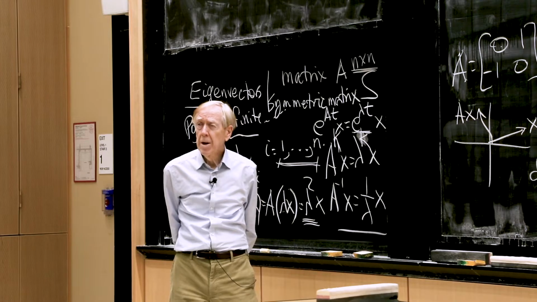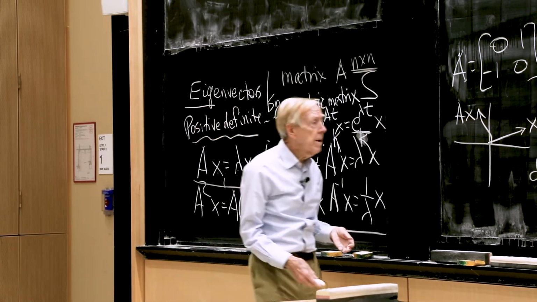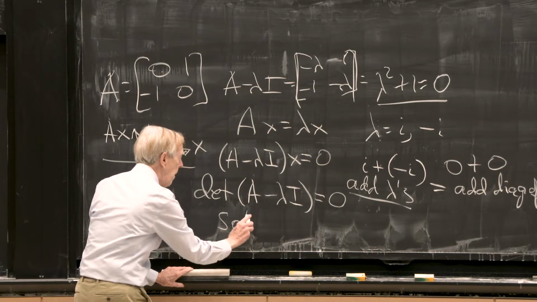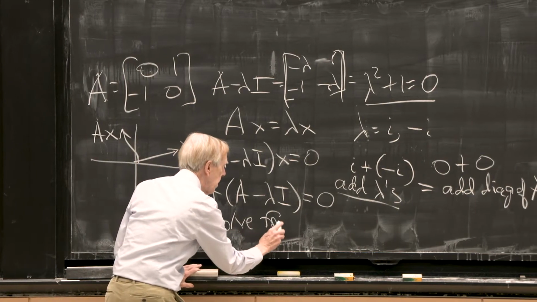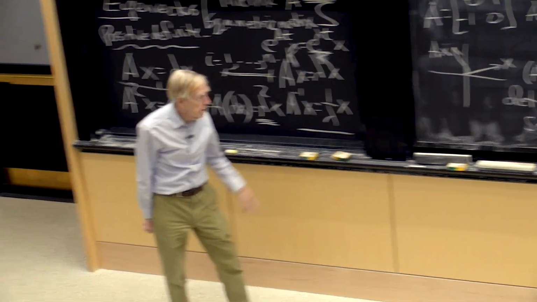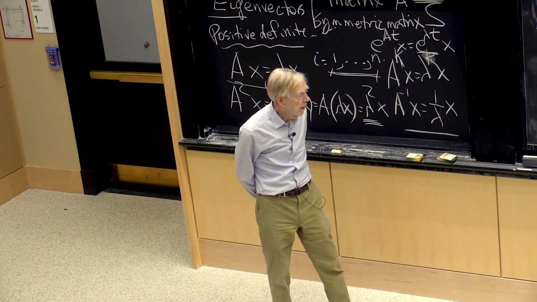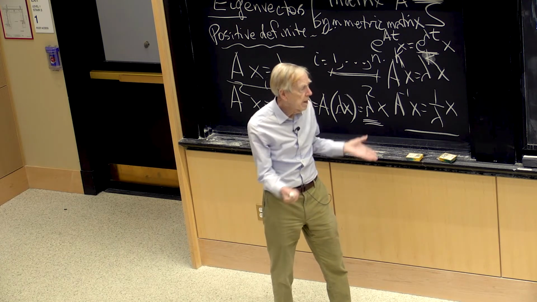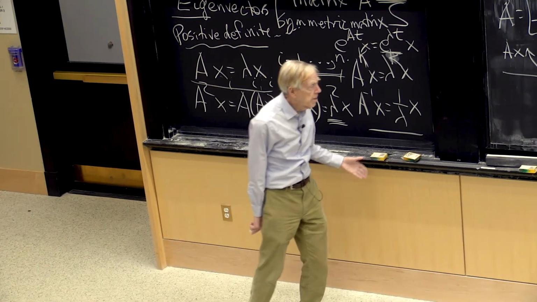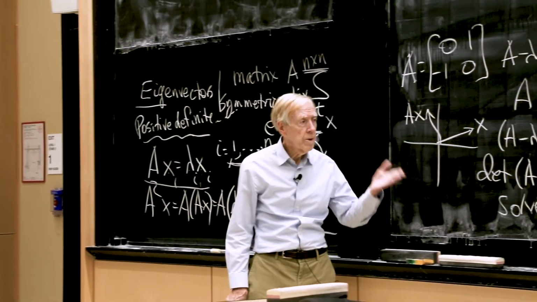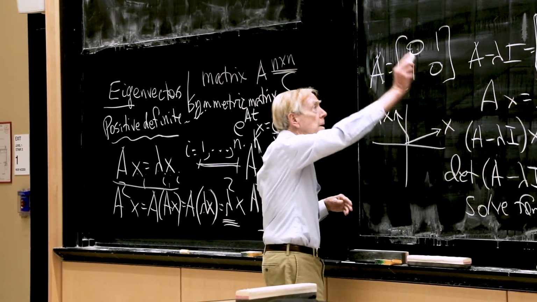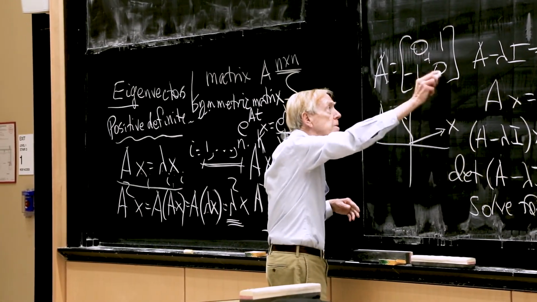It gives you a quick check when you compute this determinant and solve for λ. This is the way to compute eigenvalues by hand. You could make a mistake because it's a quadratic formula for 2 by 2, but you can check by adding the 2 roots: do you get the same as the trace, 0 plus 0?